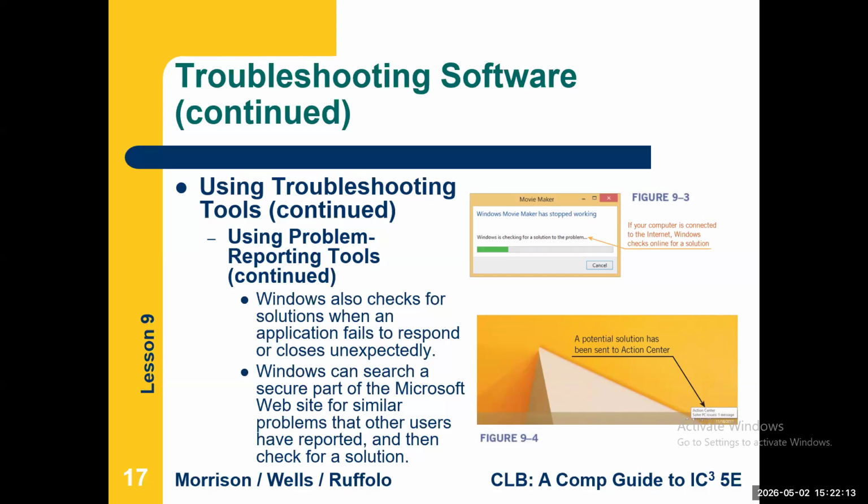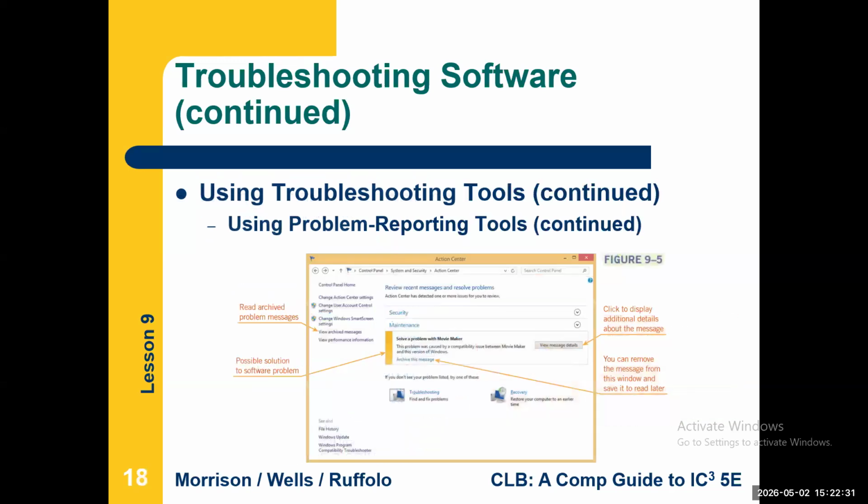Then if a solution is found, it will tell you, okay, this is the solution. Either you download a file to be able to repair that particular software, or it asks you to do an update to your system. Once you do an update, your problem will be solved. So over here, you could see that when that error happened, the operating system first checked the system log and realized, okay, fine, this error was once encountered.